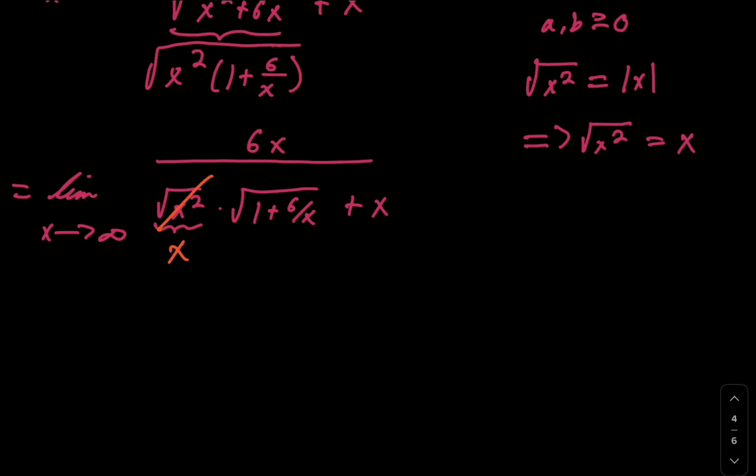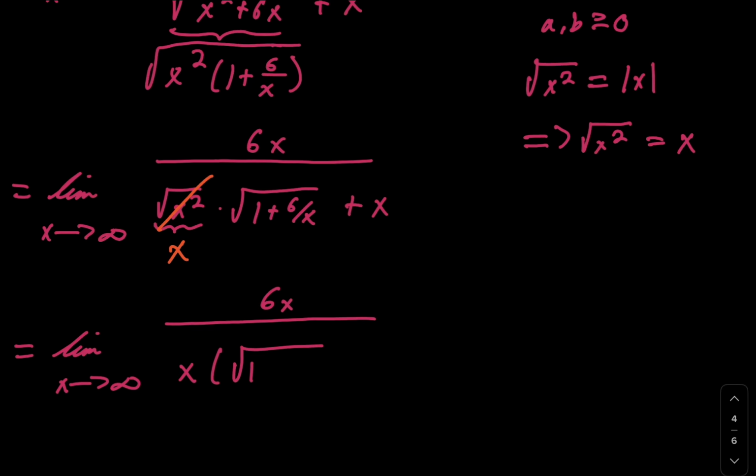And now what we're going to do is factor out a common factor of x in the denominator. So we're going to have 6x divided by x times the square root of 1 plus 6 divided by x plus 1.